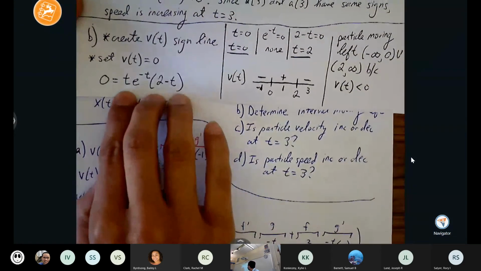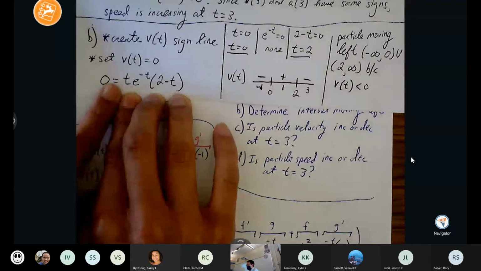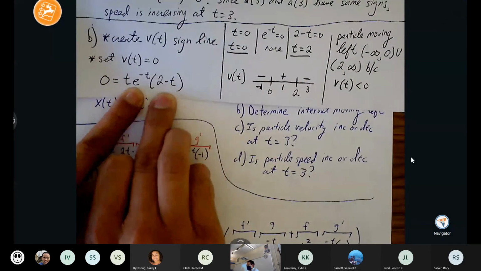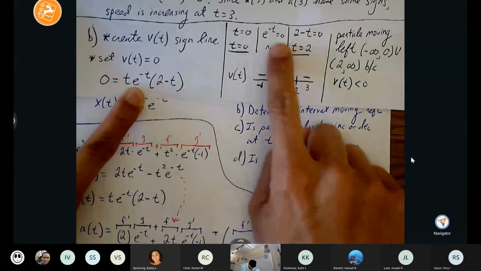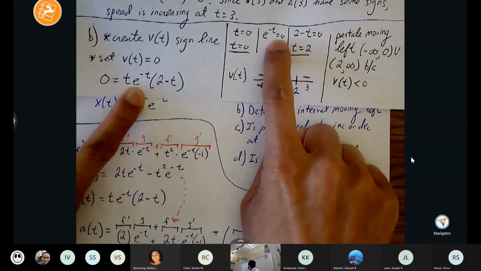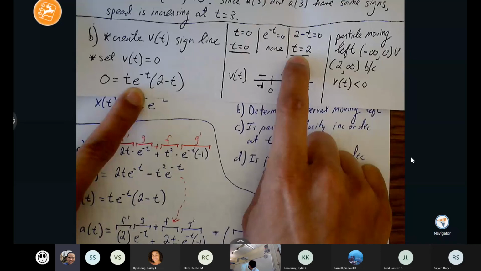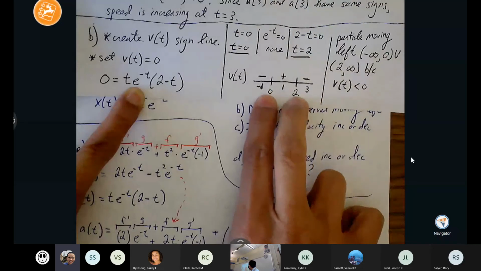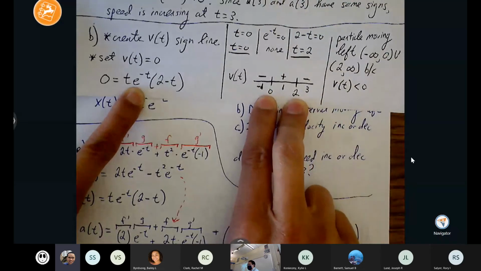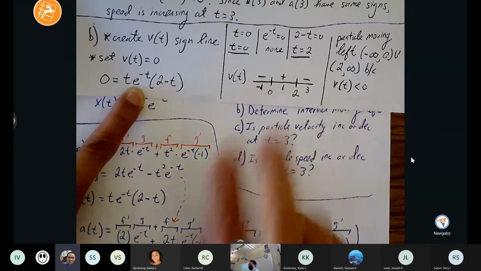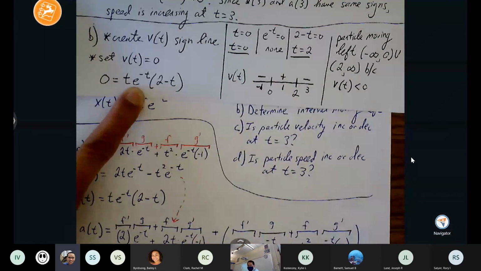So if we take our velocity function set equal to 0, t is equal to 0, e to the negative t is equal to 0, 2 minus t is equal to 0. If we try to take the natural log of both sides, nothing is going to come out of that. We have 0 and 2, and so those are our critical points. Okay. We want to test the velocity on either side of our critical points.